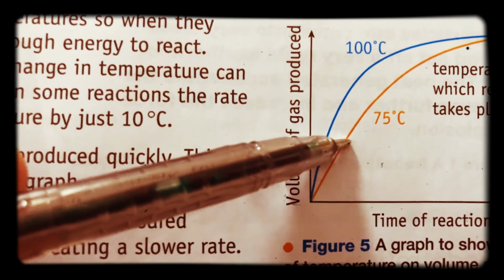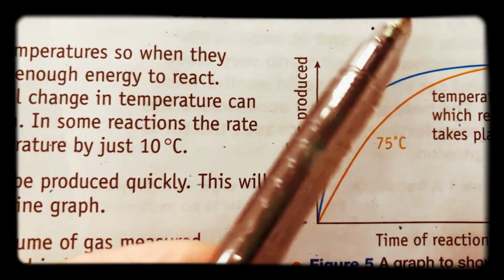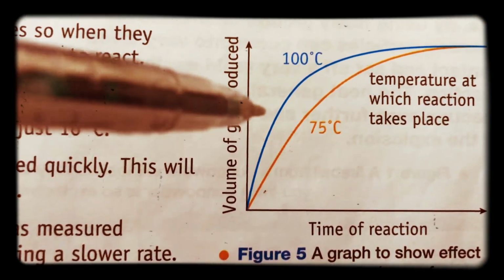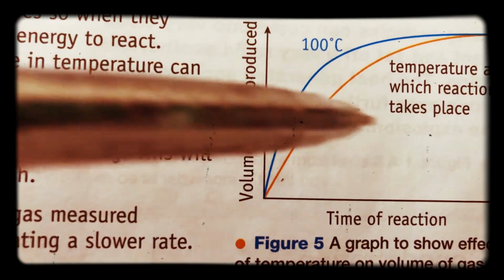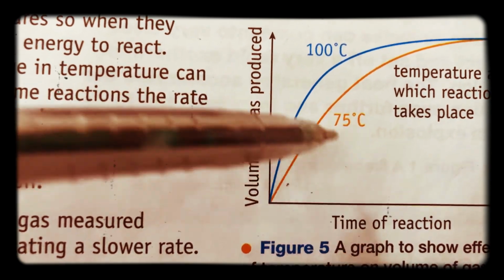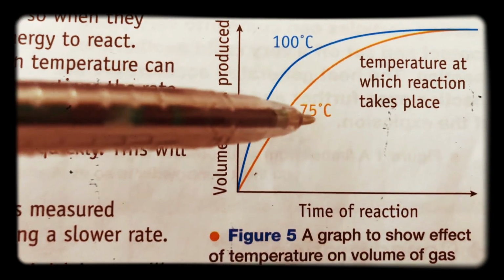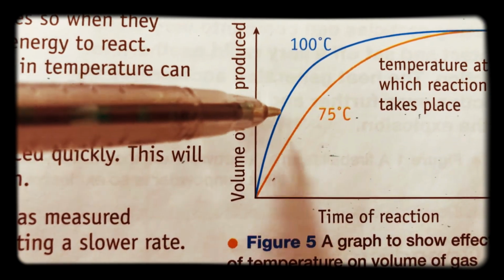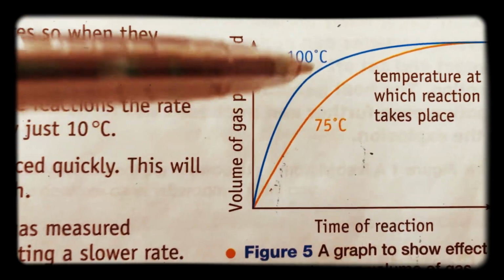Now, you might think, well, why doesn't this line just get steeper and steeper? The reason is that at the end of the day, you've only got a certain amount of chemical reactant. If you're doing a fair test, you have to use the same amount of reactants. It's just that the work by the chemicals will be finished quicker.